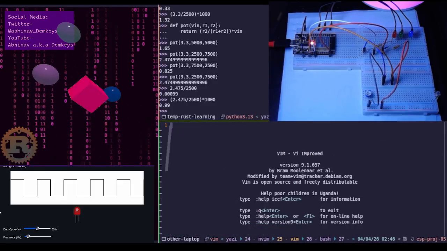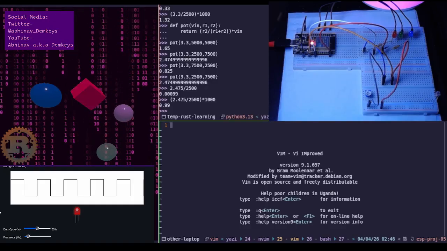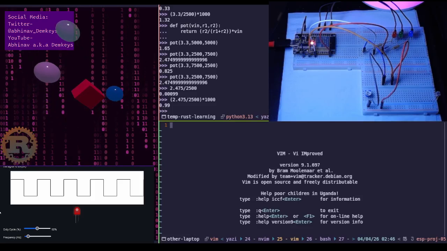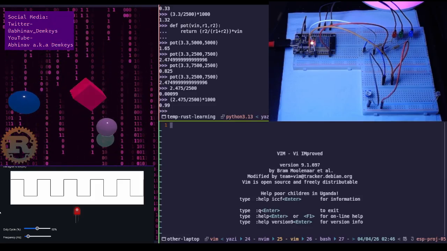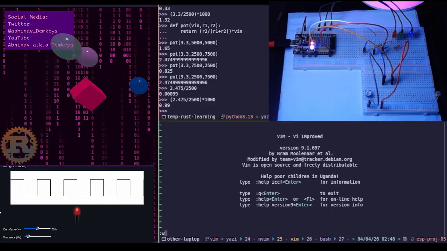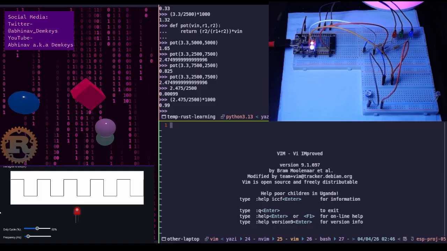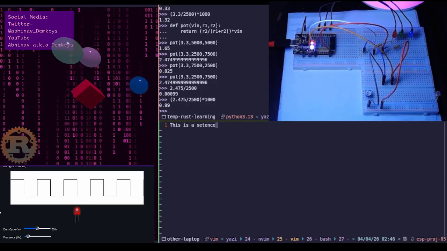You hit I to enter insert mode, and then we can say this is a sentence. And when I'm done, I can hit escape and go back to normal mode. I haven't looked at this kind of a layout, or rather lack of a layout, for a long time.